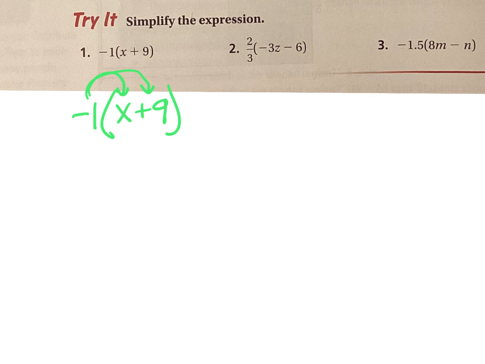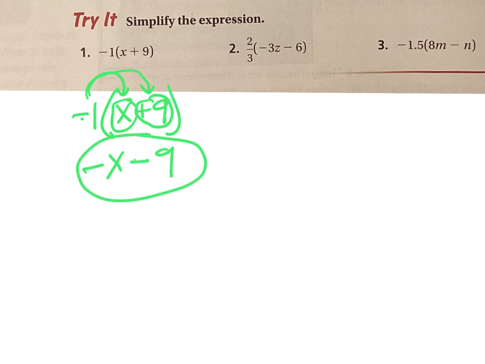And I just say there's 2 things. There's an x here, and there's a positive 9. So negative 1 times x is negative x. Negative 1 times positive 9 is negative 9. And so to distribute negative 1 to parentheses x plus 9, you're going to get a negative x minus 9.